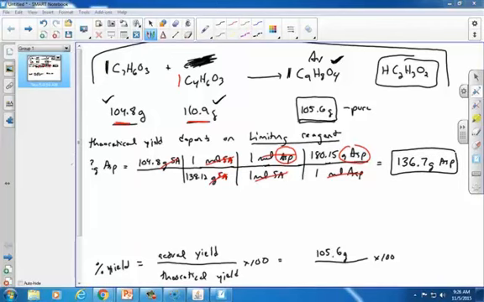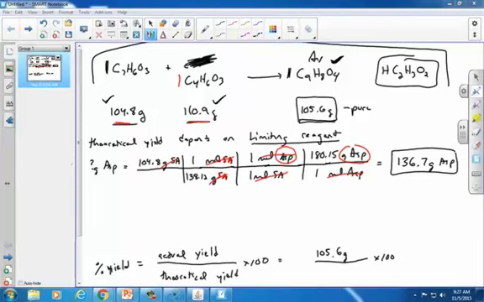But that's assuming that the salicylic acid is completely consumed and converted to aspirin. That's reasonable, but if I don't do another calculation for the acetic anhydride, then I don't know if I could really have made that much, because acetic anhydride might be my limiting reagent.